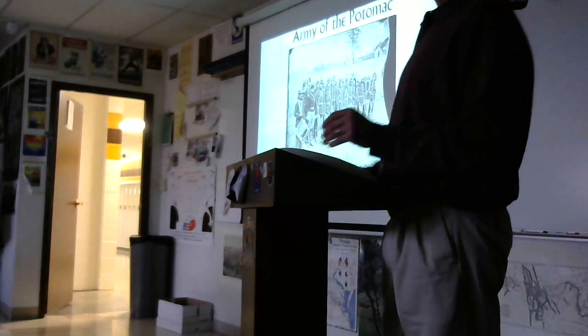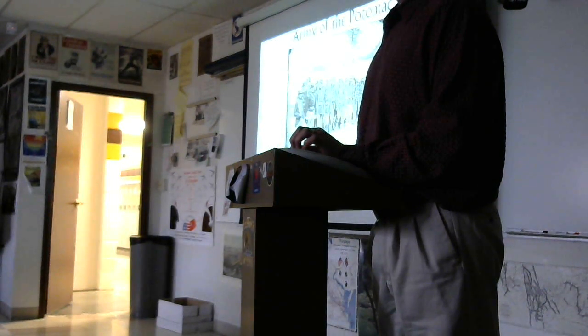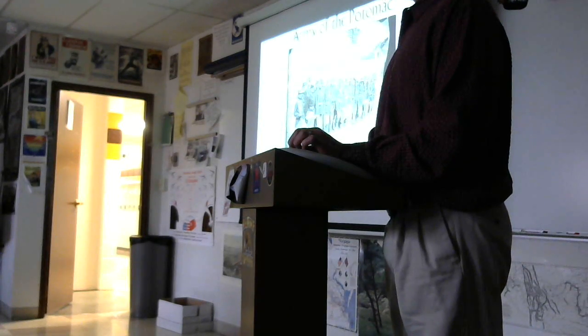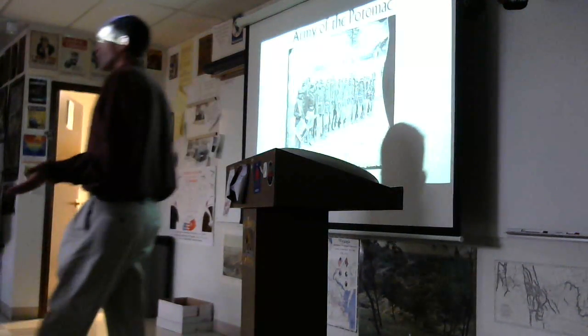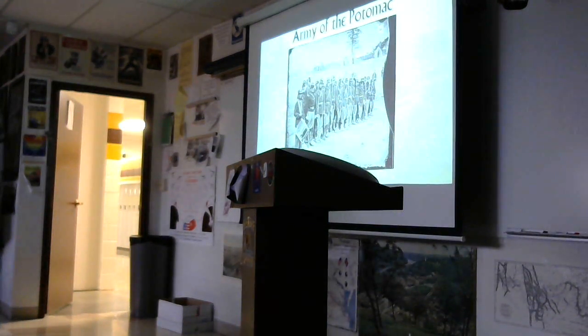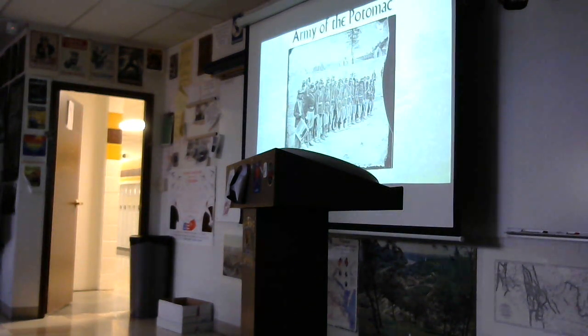And the fight is about union. It's still about union. And the thing is, by the fall of 1861, McClellan now has a great army. And what does he do? He sits. Goes into winter, won't attack. Into 1862, he won't attack.